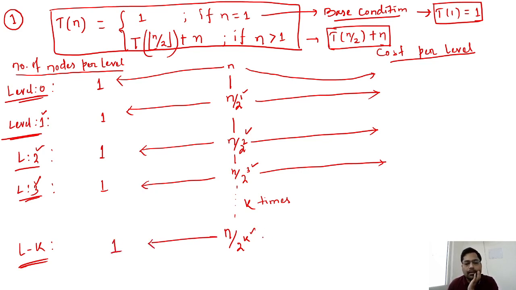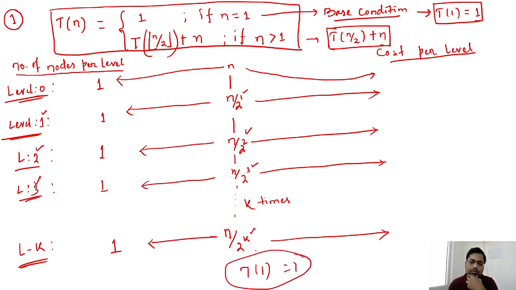And for k times, the cost is the base condition it is running. As per the base condition, the cost is 1. So you can write this one, or else you can write T(1), meaning you have reached the base condition. Then cost per level. Cost per level is n.